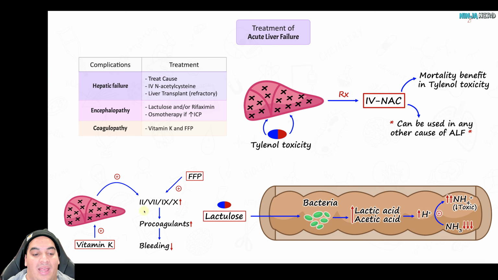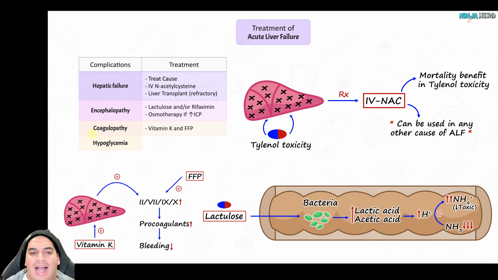So either you're making more or you're just replacing them in a solution. When I get more of these procoagulants, if I have a hole or tear in a blood vessel, I can repair that hole and form a clot there, which reduces the risk of bleeding. This can be given usually before procedures, or if they have any complications such as an intracranial hemorrhage, maybe a GI bleed, or lots of mucocutaneous bleeding.